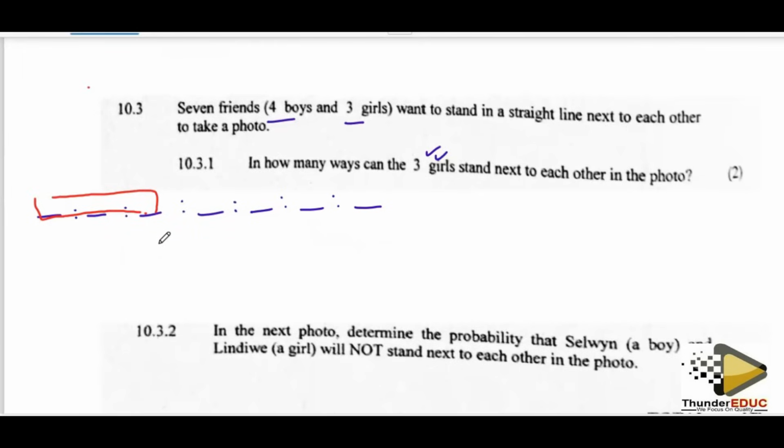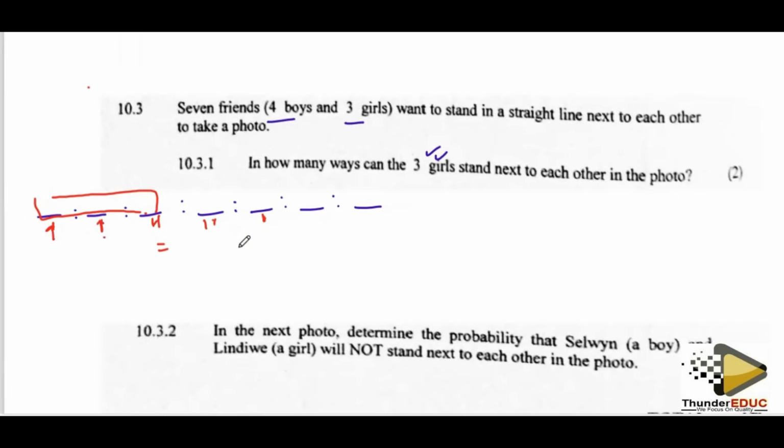So how many options do we have? So we shall have this one being the first option, the second, the third, the fourth, and the fifth. So we have 5 options of moving this block. So if the first one is here, the first one can also be there, the first one can be there.